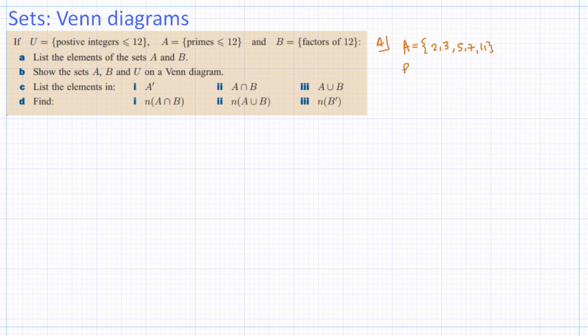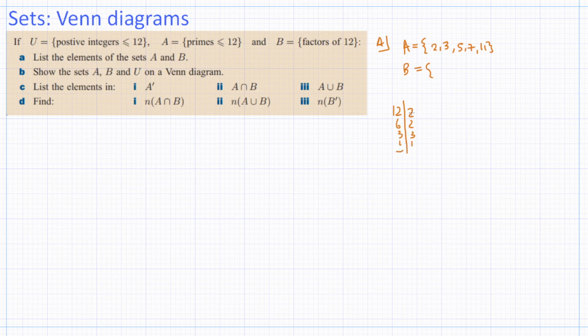That's fairly simple. We've done this before. Now B, factors of 12. It's basically all numbers that you may multiply to get 12. If you don't remember how to do this, you may just factorize 12, and then you have 2, 6, 2, 3, 3, 1, 1.